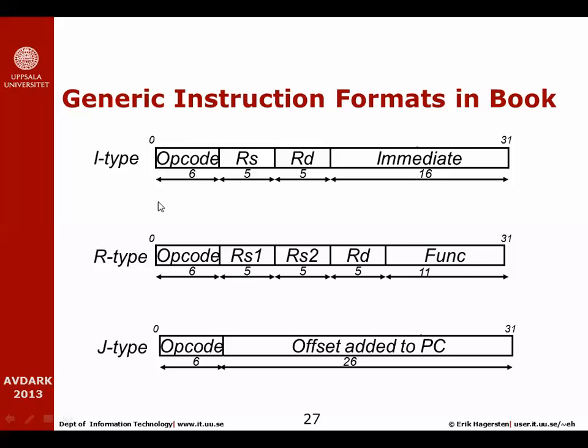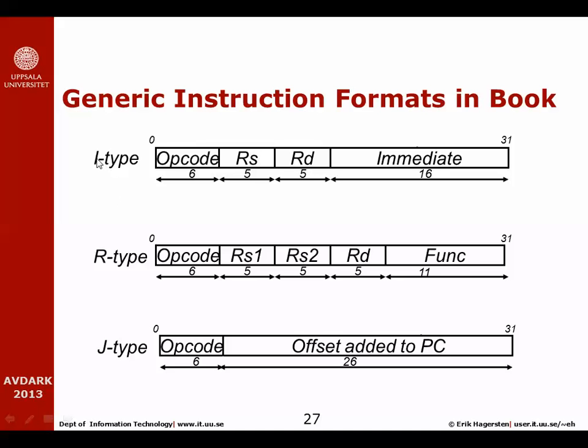Here we're going to look at a fixed format representation of an instruction set that's been defined by the authors of this book. And this instruction format always represents an instruction using 32 bits. Always the first 6 bits is an opcode that defines what operation should be performed, but the other fields of an instruction depend on what type of instruction it is, if it's an immediate type, a register type, or a jump type.